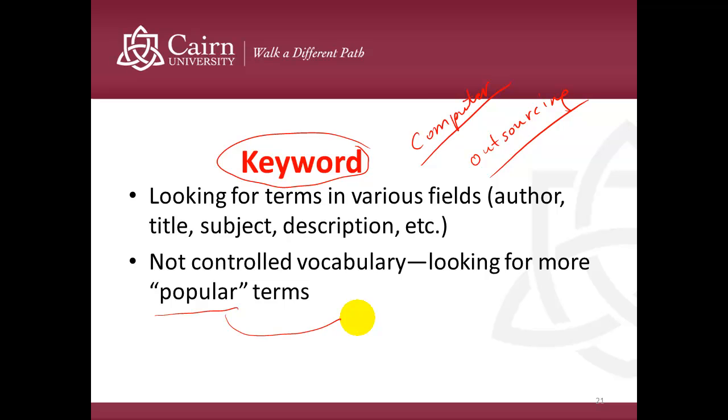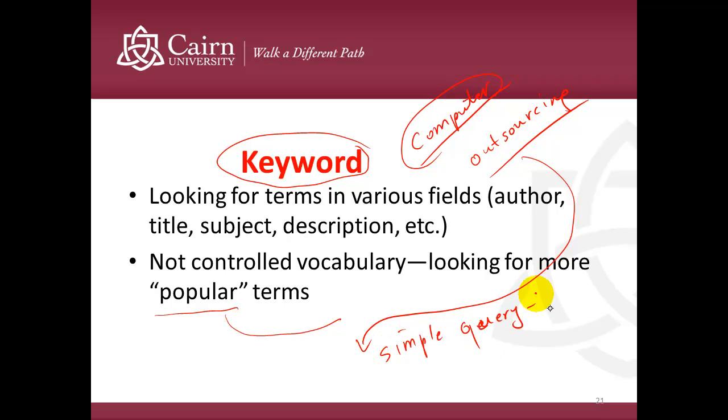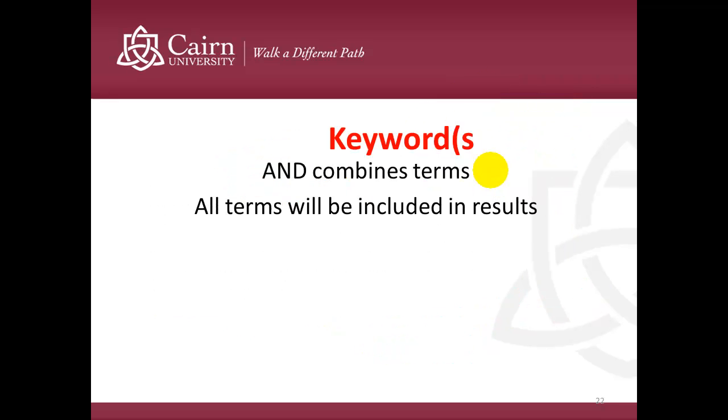Now when you're doing a keyword search, very similar to this, just computer or outsourcing, if you go back to our first lecture, that would be a simple query or a simple search, because pretty much it's just a single word. Additionally, you could use keywords for your searches, such as "and."